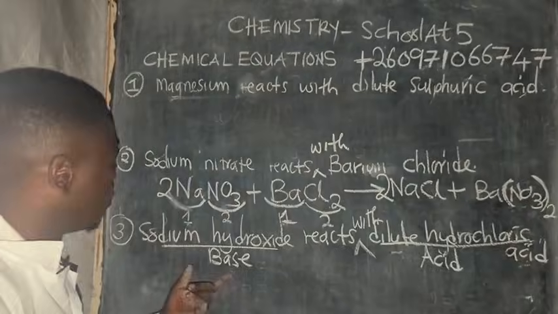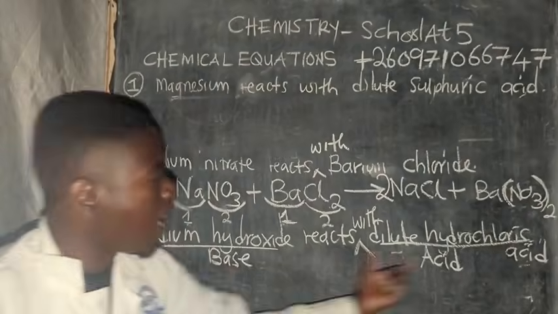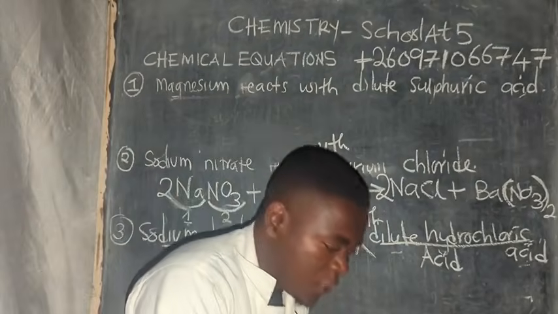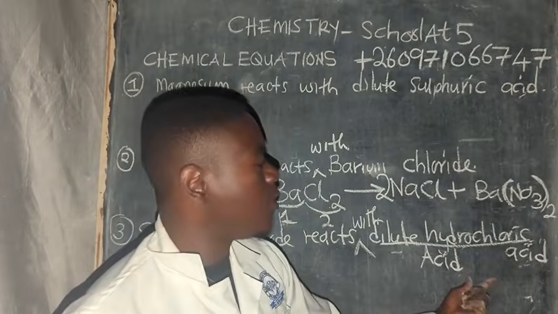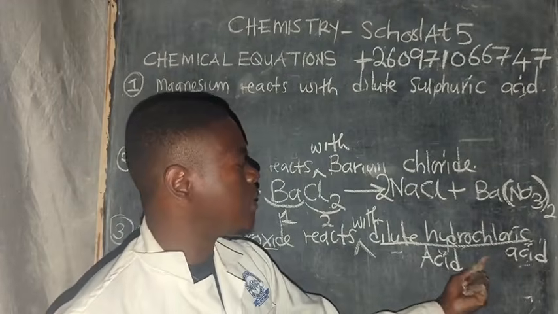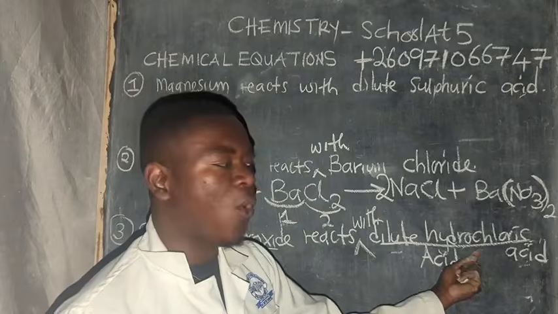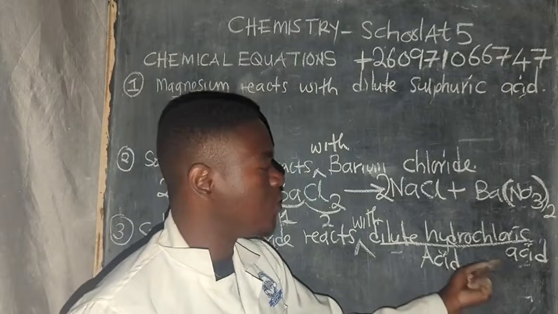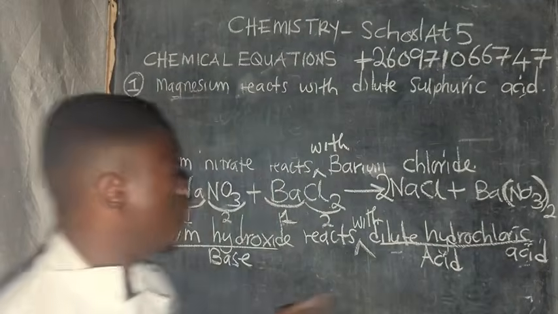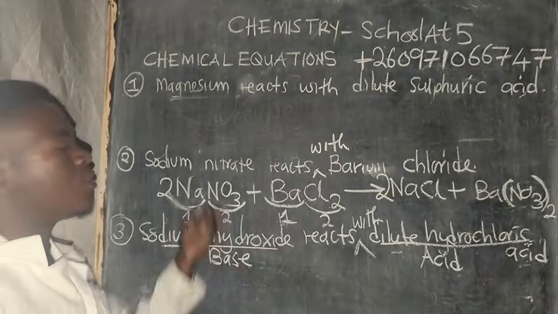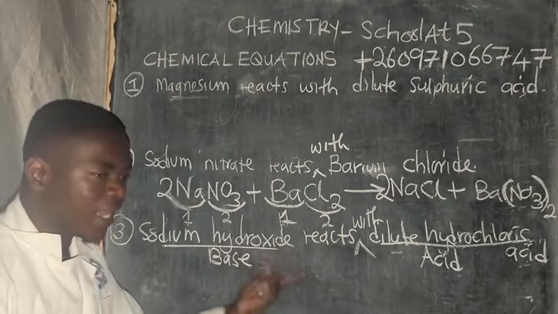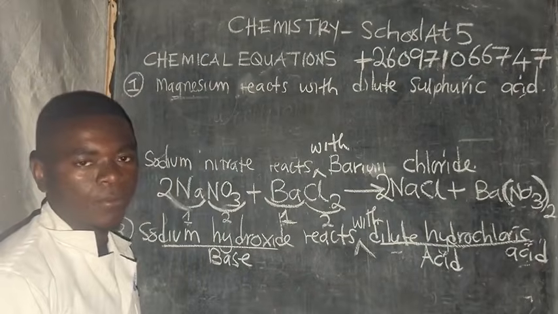This is what you need to know. An acid, when dissolved in water, is going to produce hydrogen as the only positively charged particle. So this one is producing hydrogen as the only positively charged, and that one is producing hydroxide as the only negatively charged particle.